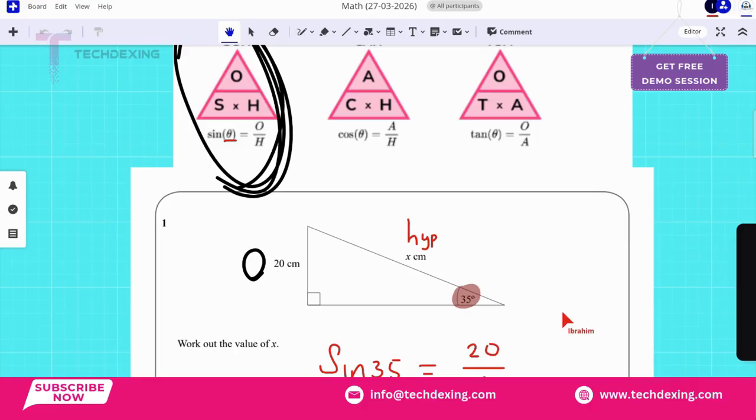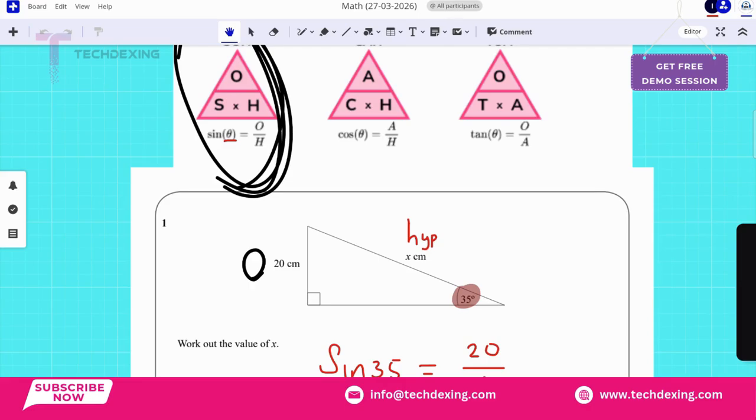I got 34.86. Perfect. So the value of x is equal to 34.86. These are the steps which we're gonna follow.